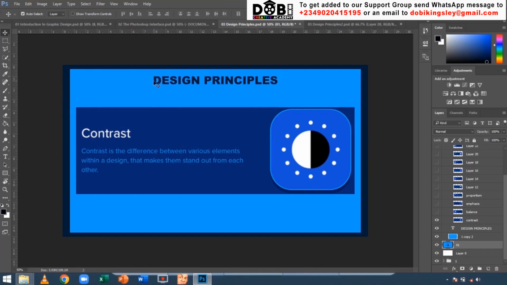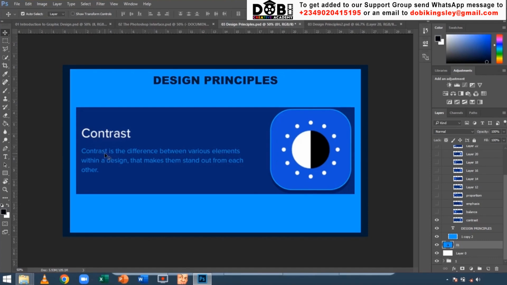That's why you can see this text. Once we look here, you have contrast and you see this other text. Contrast is the difference between various elements. Looking at these two, you can tell that the contrast in white is much better than the one in the lighter shade of blue, because this is more visible.